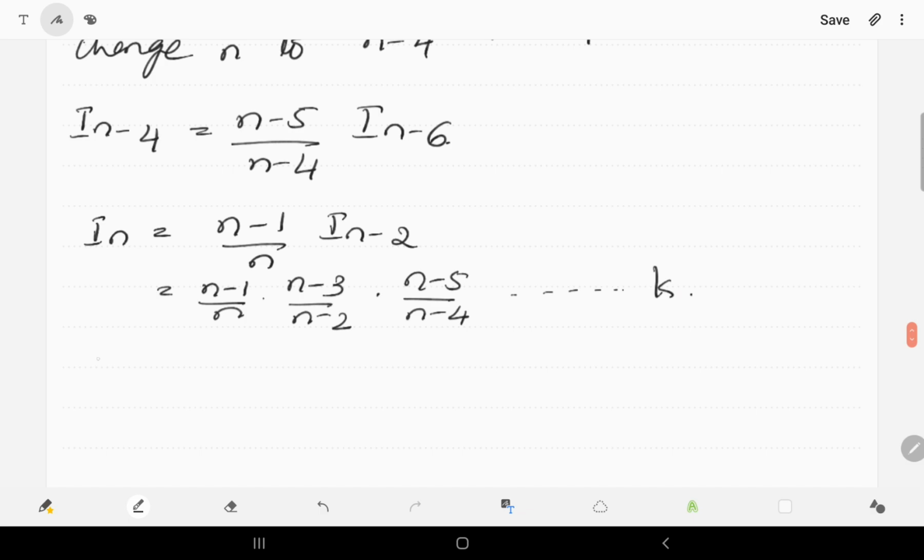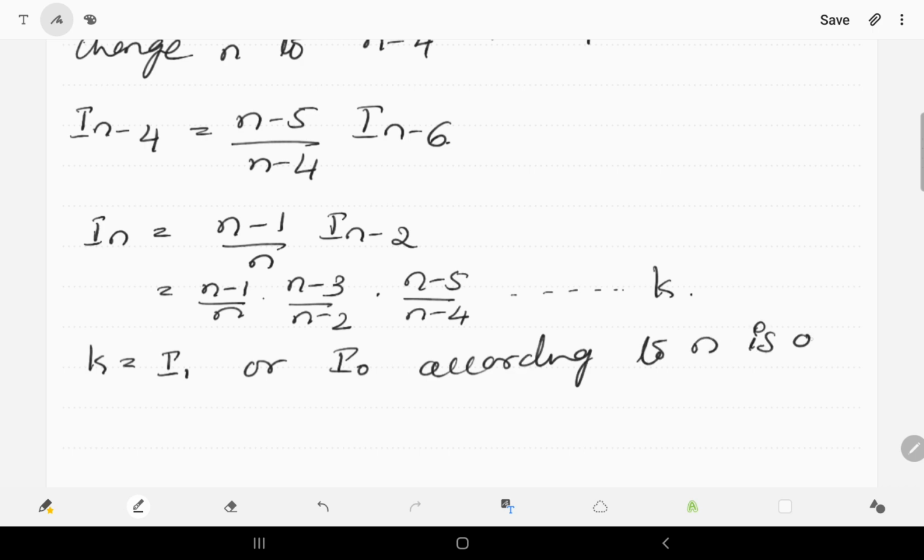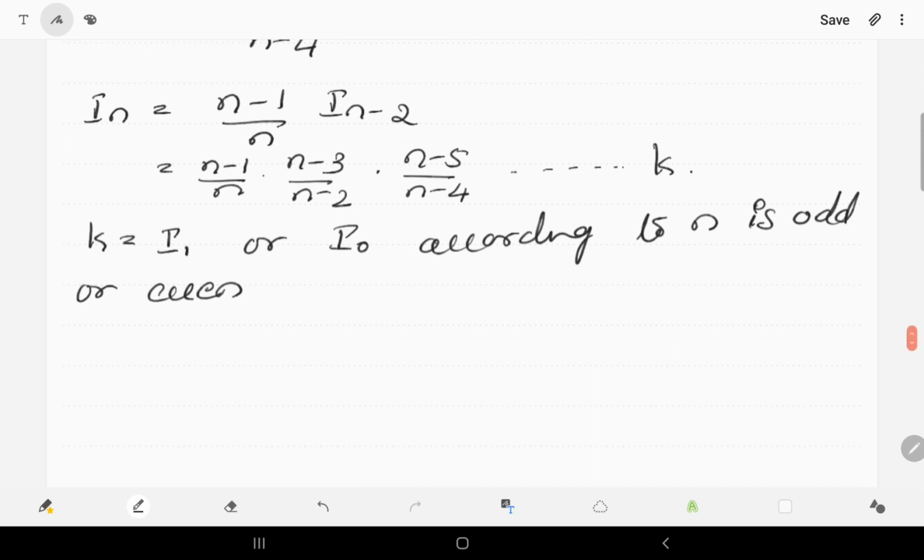So k is equal to I_1 or I_0 according to whether n is odd or even. So let us calculate the value of k here. Suppose we take I_1, n is odd, so it becomes the integral from 0 to pi by 2 of sin x dx because n is 1.